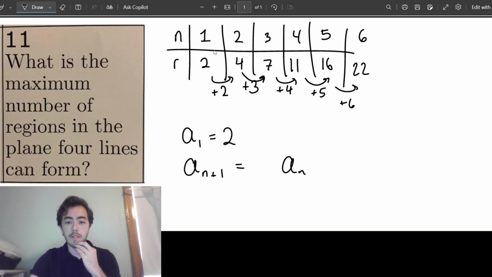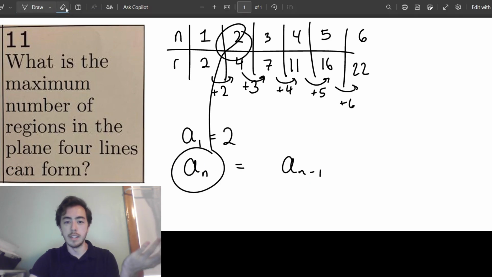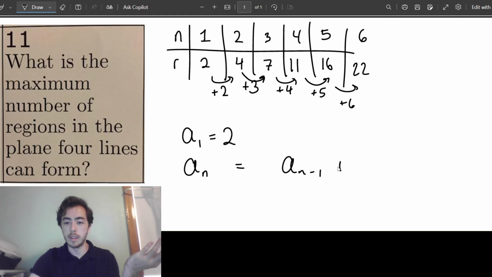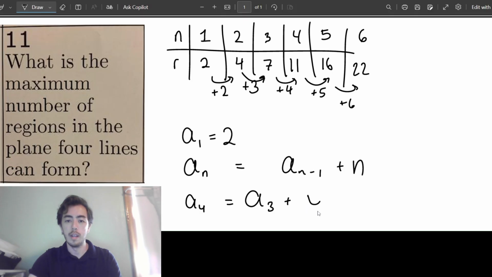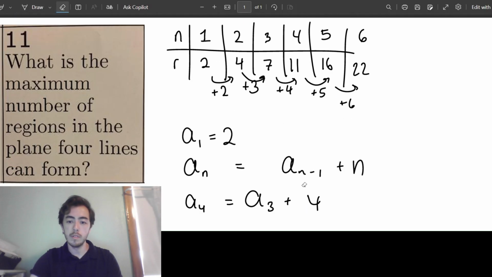So it looks like if n is 2, actually maybe it would make more sense if I do something like this. If n is 2, I'm just adding n to the previous step. So I think we just have some kind of recursive relationship like this, right? Just testing it out, a sub 4 is equal to a sub 3 plus 4, and that's precisely the pattern that I'm getting down here. So this is my recursive relationship.